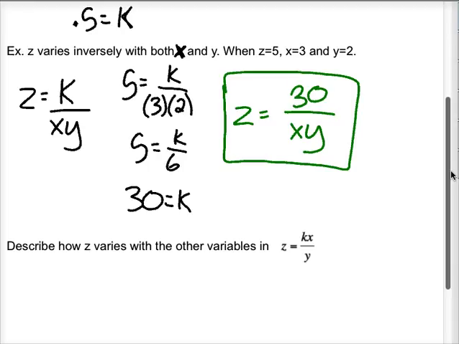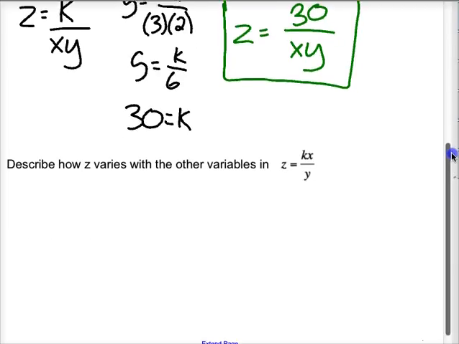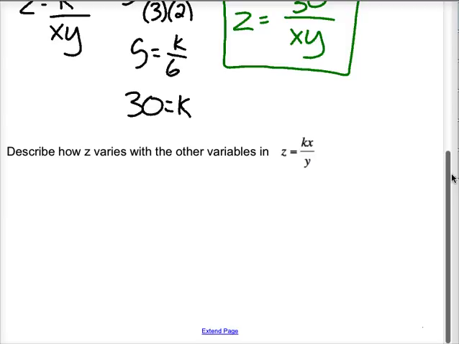And now the last skill. So you also are going to want to be able to describe how z varies with other variables, okay? So when given an equation, you should be able to create a description of it.